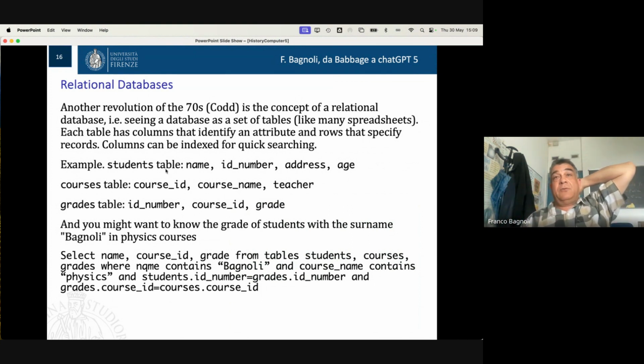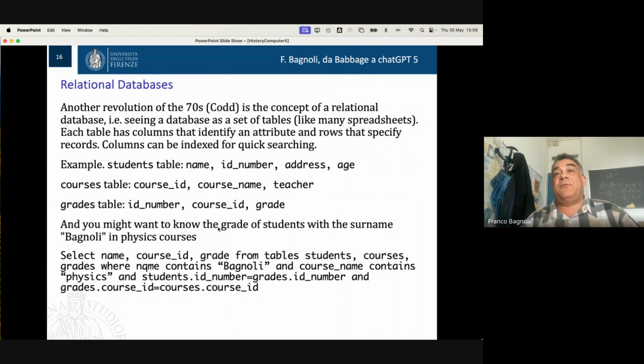For instance, you could have a student table with fields name, ID number, address, and age, a courses table with the course ID, course name, and the teacher name or subject, and also another table that had an ID number for the student, a course ID for the course, and the grade.